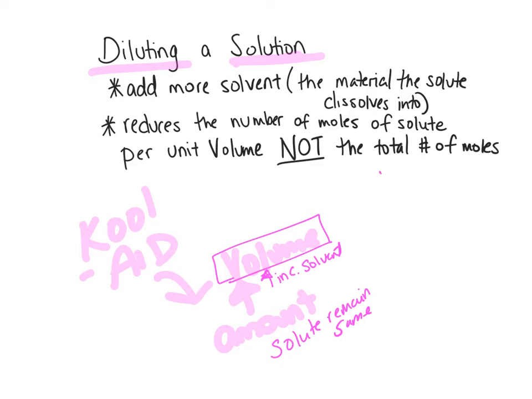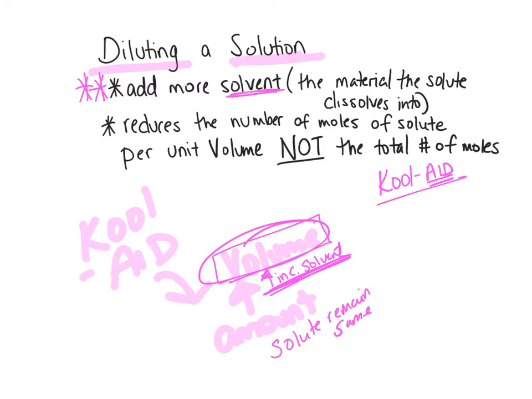Let's say that I made some Kool-Aid and it was way too strong. Well, I can simply add in some more of that solvent in order to weaken that concentration. So one of the things we can do in order to dilute a solution is to add more solvent, which is the material that it's dissolving into. So in the case of the Kool-Aid, I'm adding more water to it, or I'm increasing my volume, okay?